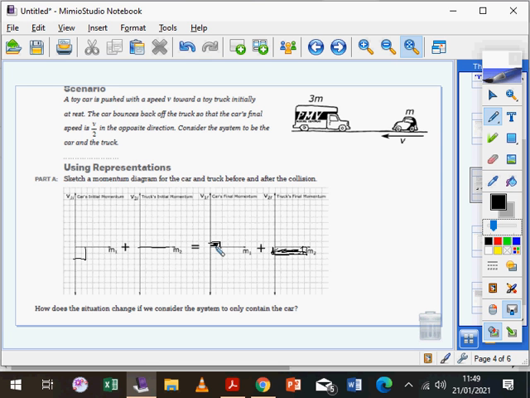Because if we're only considering the car, there's an external force applied by the truck. So therefore, momentum will not be conserved. If you're only considering the car, you will have this and then this, and you'll experience a loss of momentum of these many units. So the truck's final momentum plus the car's final momentum should equal the car's initial momentum.